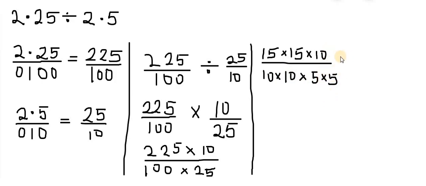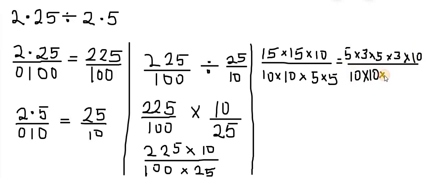At this point, I'm going to further break 15 down into 5 times 3 times 5 times 3 times 10 over 10 times 10 times 5 times 5.